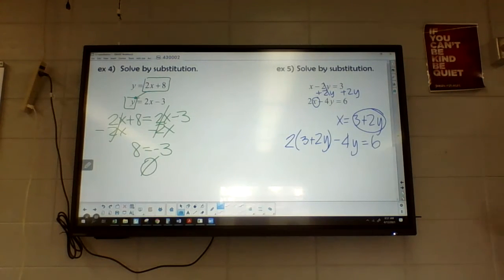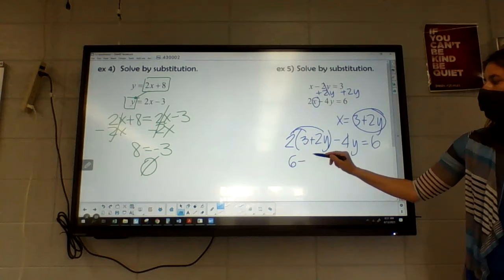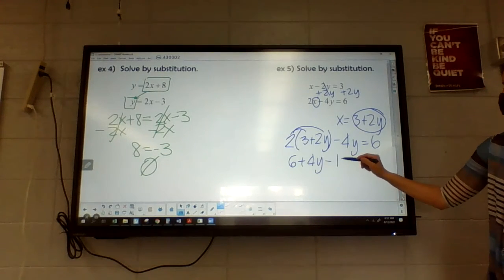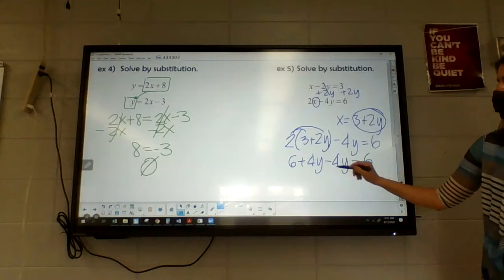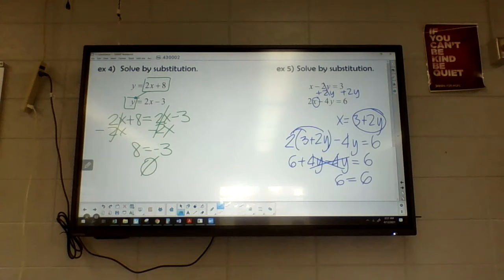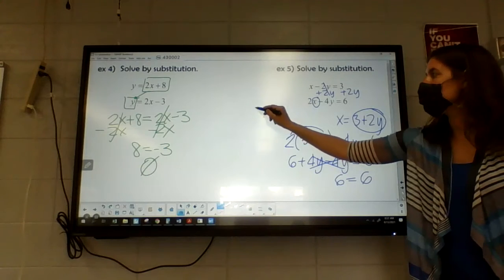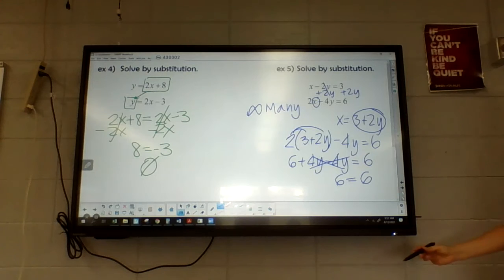And you probably have guesses what this one's going to be, but we'll talk about what it looks like. So the 4y's are going to cancel. So we're going to be left with 6 equals 6. So then this one is the many solutions. So these actually end up being the same line if I were to graph them. So this one's infinitely many solutions. So all the points on that line would work.